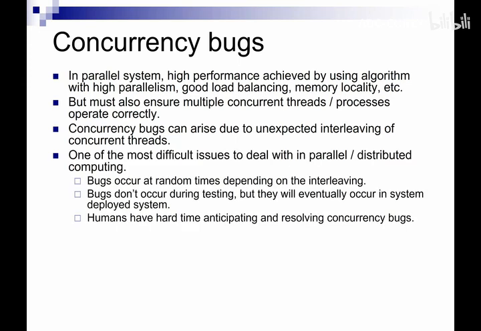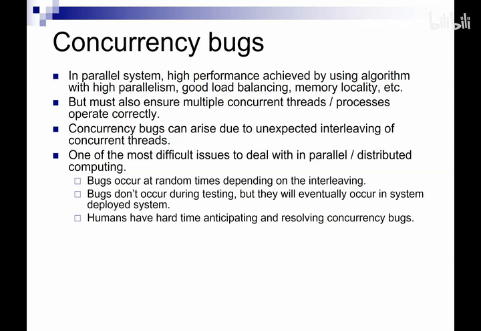So sometimes you could get these interleavings that cause your code to crash. The reason it's hard to eliminate concurrency bugs is that usually our method for eliminating bugs is just to do a lot of testing. But for these concurrency bugs, since they depend on the interleaving, they basically occur at random times. You can run the code multiple times, and each time a different interleaving could occur, so sometimes you might see the bug, and sometimes you don't.